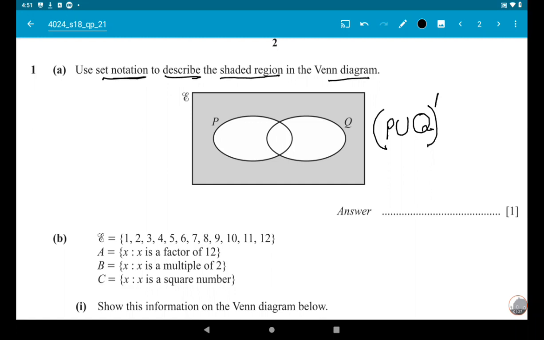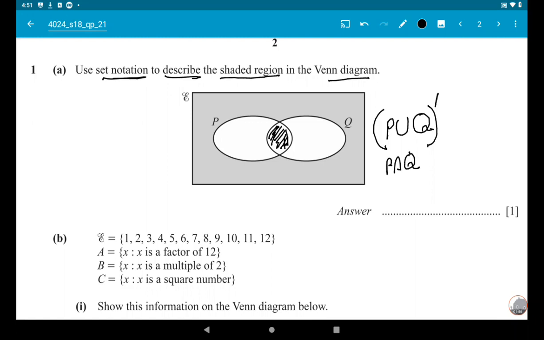And the other option is maybe if we shade only this part, right, how will we write this? Like P intersection Q, right?